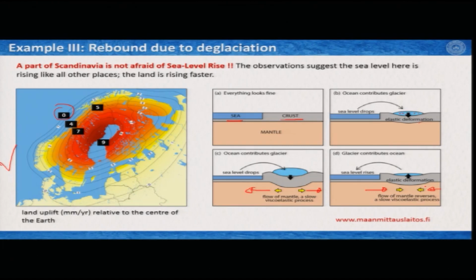So, this is exactly what is happening: due to deglaciation, this continental crust is pushing back up, also because of the push from the mantle below. This is an excellent example of using combined rheology in explaining the rebound due to deglaciation in Scandinavian places.